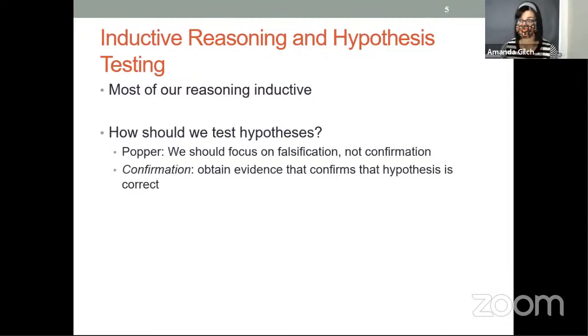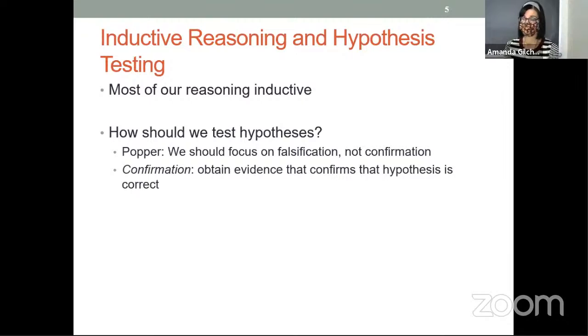So for example, if I have the theory that all Chinese food is too spicy for me, I'm going to draw the specific conclusion that I will probably not like Kung Pao chicken, a very specific instance, because all Chinese food is spicy. So I argue from a general conclusion to a specific premise.